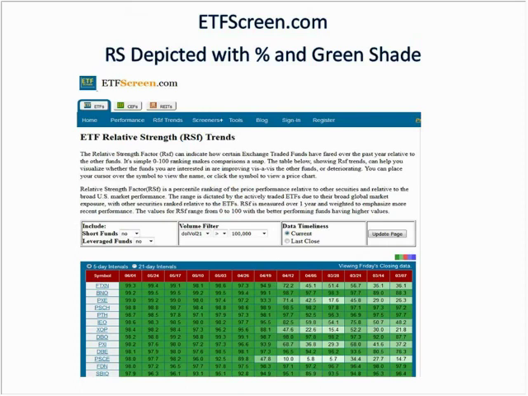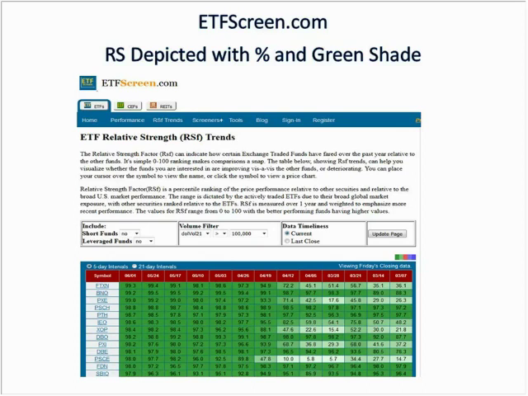When you click this link here, it shows you the strongest ETF sectors, and you can see the first ETF has a relative strength of 99.3%. So what that means is this ETF is outperforming 99% of all the other ETFs.